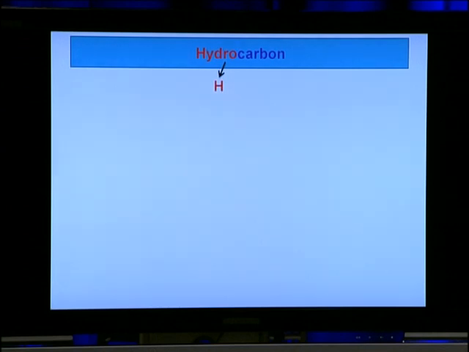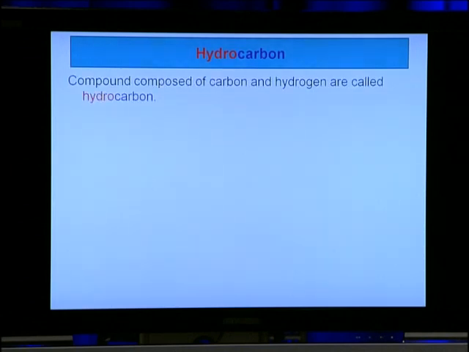Here you can see the concept: hydro refers to hydrogen, and carbon refers to the element carbon. As such, hydrocarbons are the compounds composed of carbon and hydrogen. So these compounds called hydrocarbons are basically built up of two elements, carbon and hydrogen.